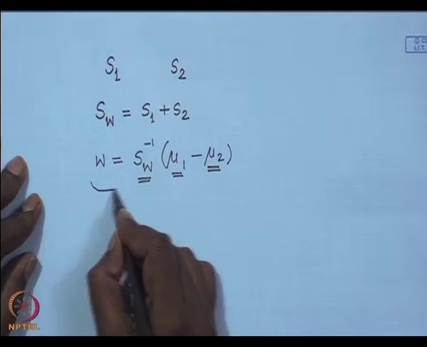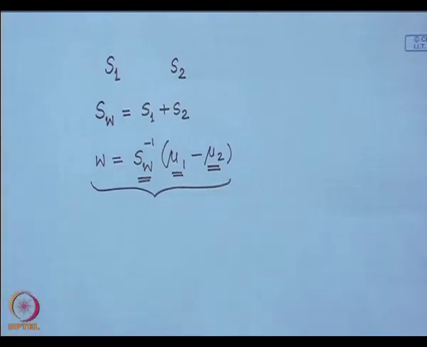And this expression was obtained by solving a generalized eigenvalue equation, and that eigenvalue equation took care of maximization of the between class scatter, that means pushing the classes as far apart as possible, and minimizing the within class scatter, that is S1 or S2, by making those classes as compact as possible.